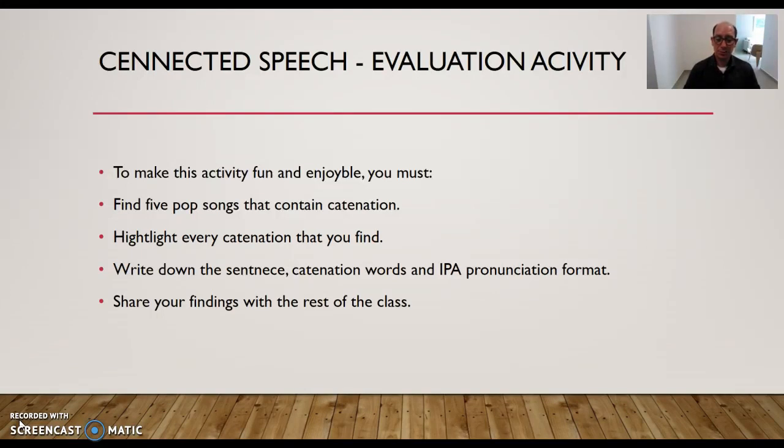Then you have to highlight every catenation you find. Write down the sentence, the catenation words, and the IPA pronunciation. Then share your findings with the rest of the class in a pronunciation or oral evaluation.